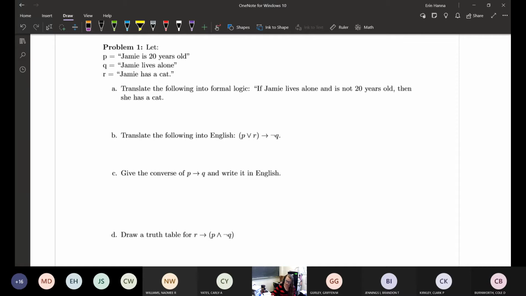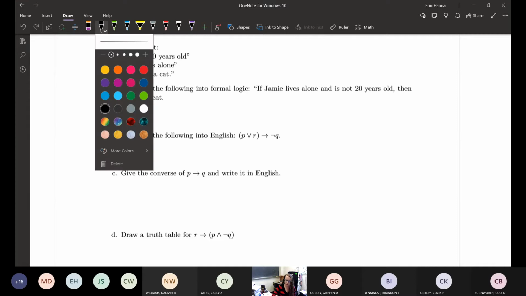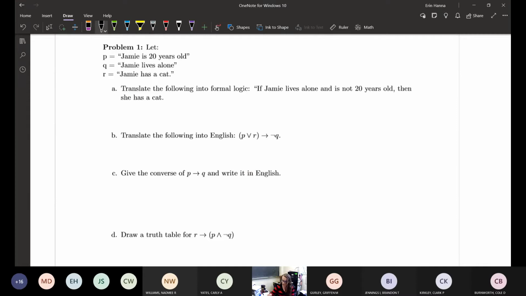So we essentially want to take this sentence and turn it into letters and symbols. So what do we have here? We have Jamie lives alone, which was Q. We have an and, which, goodness, why is my brain forgetting which way an and goes? Ands go this way. So an and, remember, we have our and, our or, our implies.